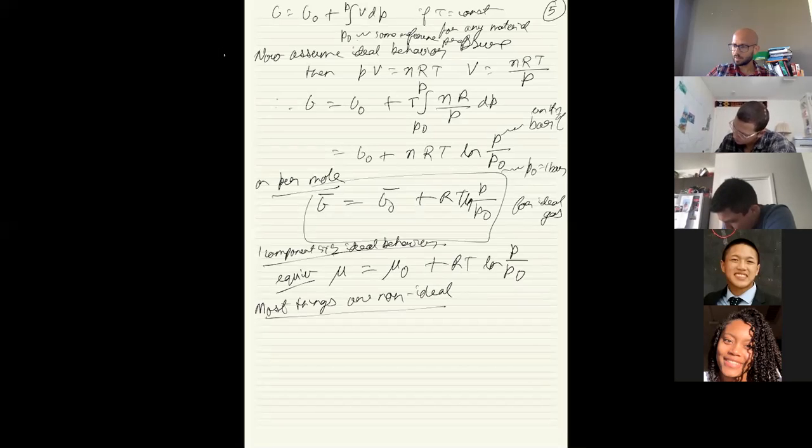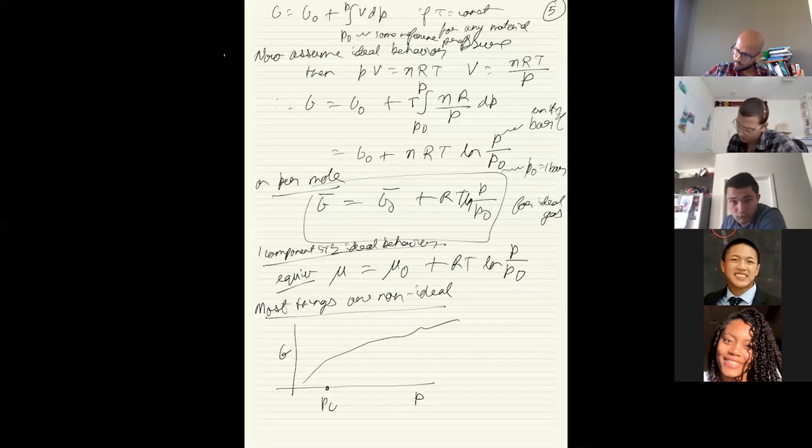So what people said is, if I measure my G versus pressure at a constant temperature, and I just make some observation over here, and then I say that at a particular pressure P naught, my G is G naught, okay?